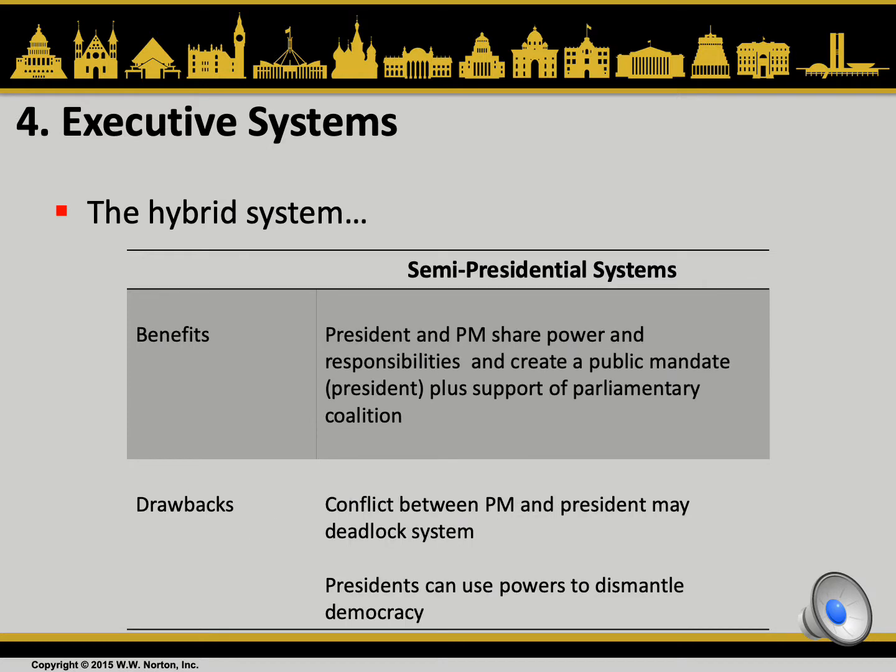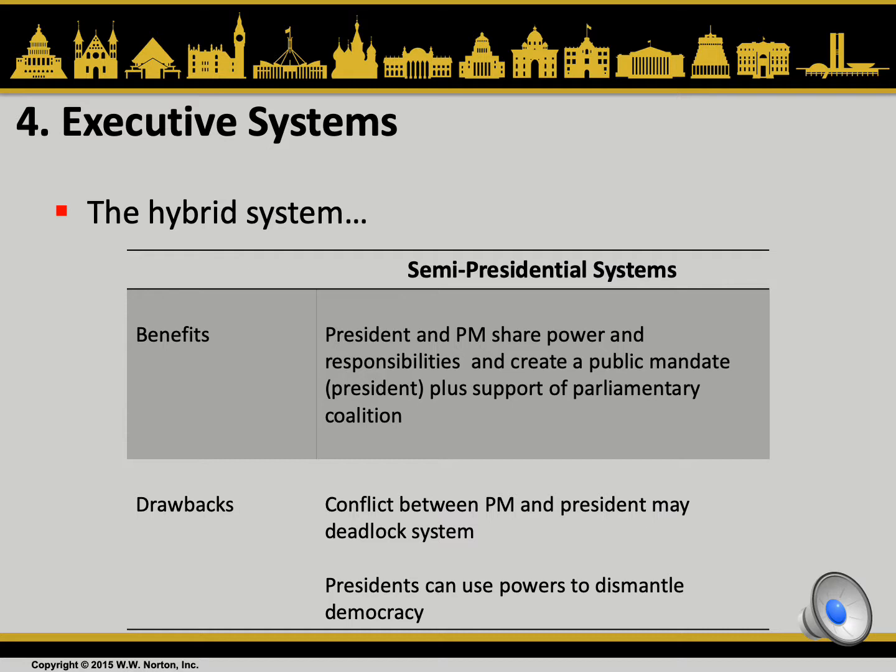The benefit of this system is that you have two executives in the executive branch that share power. One is directly elected by the people and therefore has a public mandate, and the other is directly associated with the legislative branch or the parliament, and so there's a connection with the development of laws and legislation.